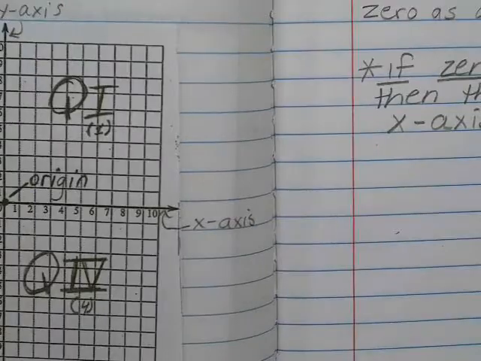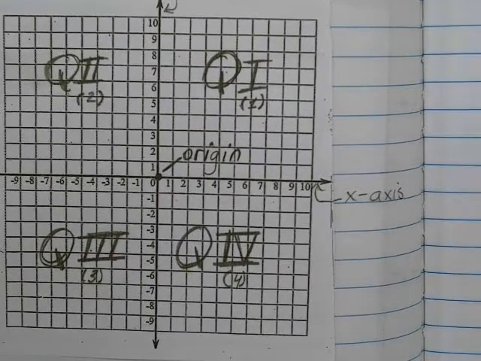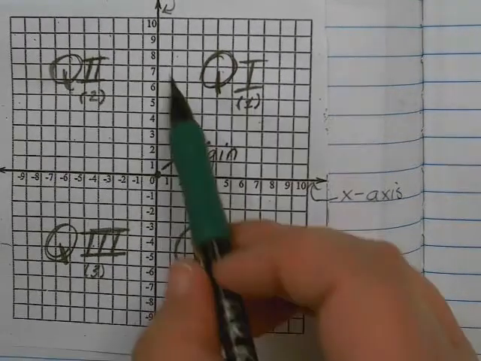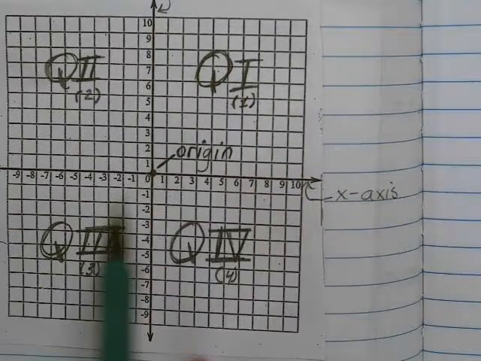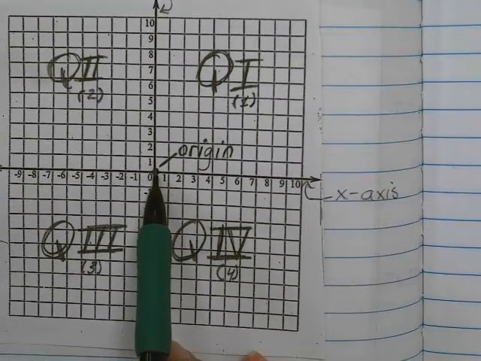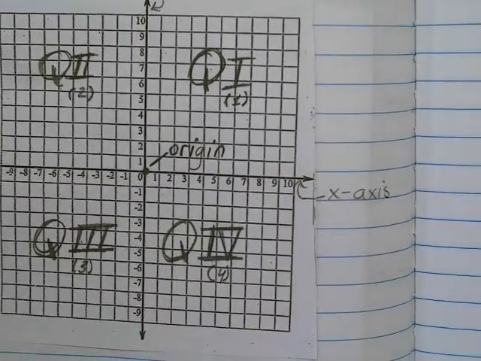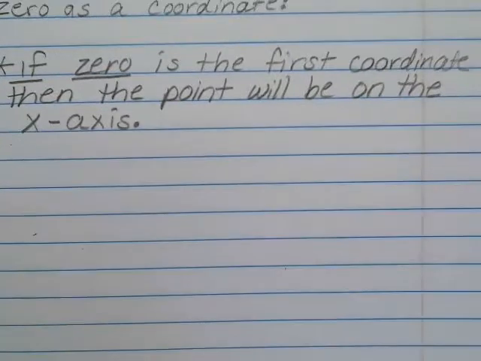So let's look back over here at this coordinate plane. If the first number in my ordered pair is a 0, then my x will stay here, and I made a mistake. Let's go back and change something real quick.